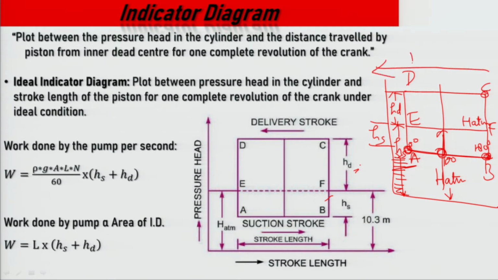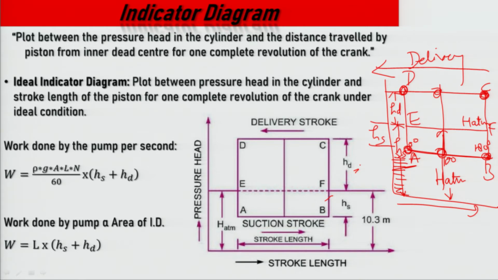This one is the delivery, this one is the suction. Because this is the ideal diagram, we assume no variation, no friction losses, nothing else.